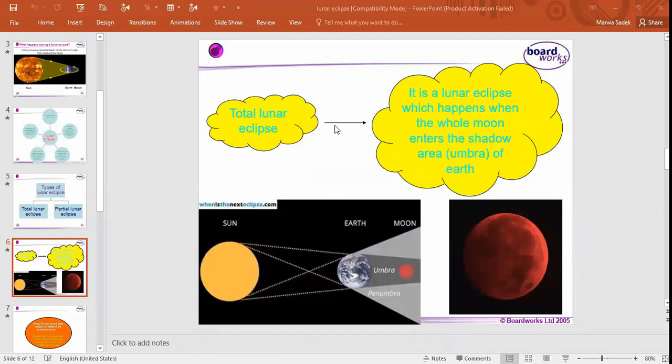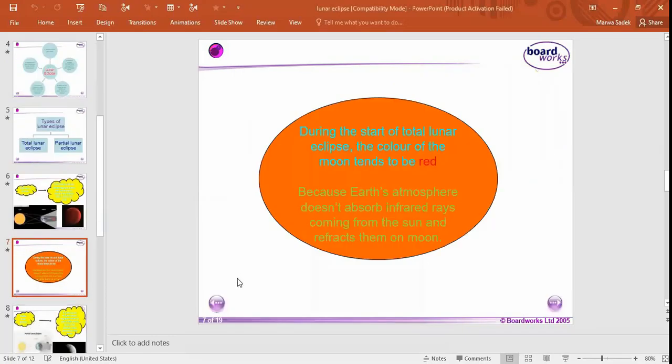Why is the color of the moon red in the total lunar eclipse? During the start of total lunar eclipse, the color of the moon tends to be red. Why? Because the Earth has an atmosphere.